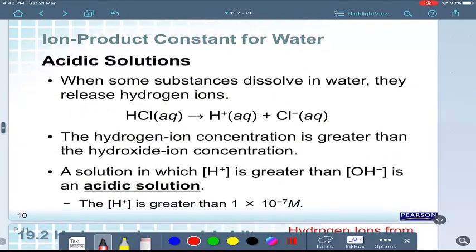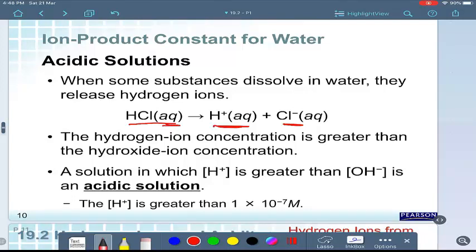Now we need to apply this in an equation like this. If you have this equation, HCl aqueous solution dissolves in water and ionizes into hydrogen ion aqueous solution and chloride ion aqueous solution. Someone asked me, where is the water here?